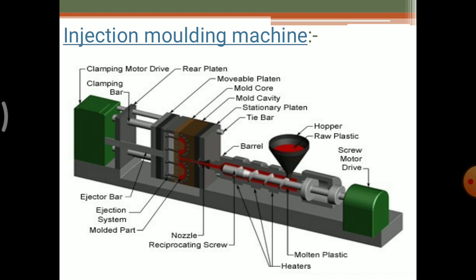So heaters have been used in the intermediate position of the barrel, which is used to reduce the solidification process. So the molten material is used to carry the liquid in the mold cavity only through the mold core. There you can see it in the brown color.